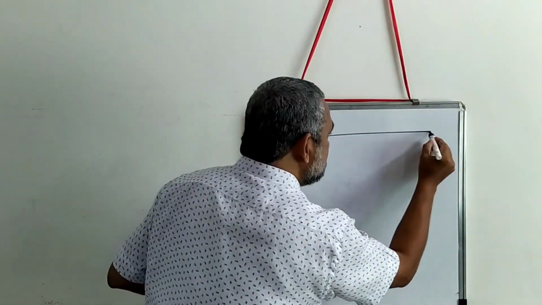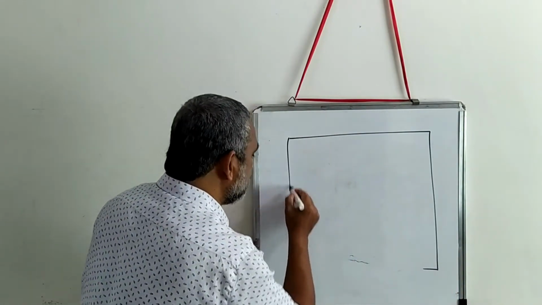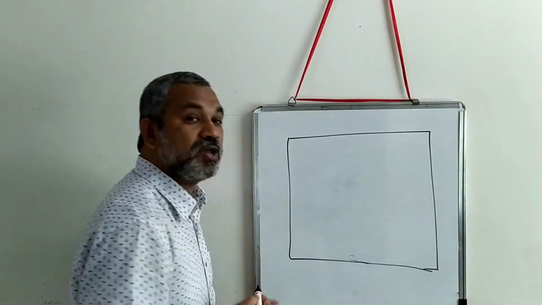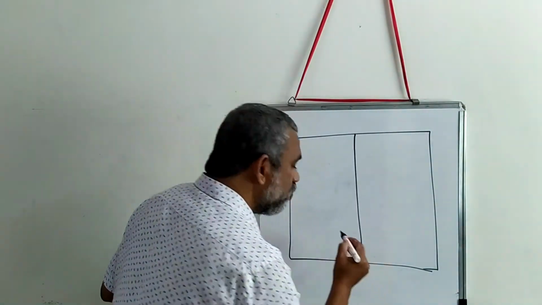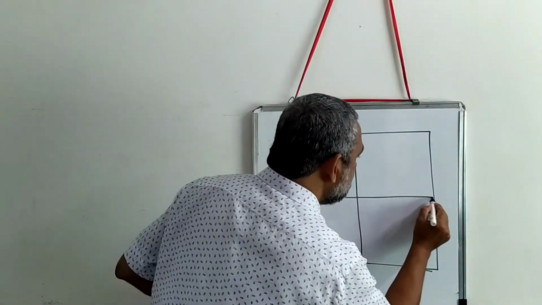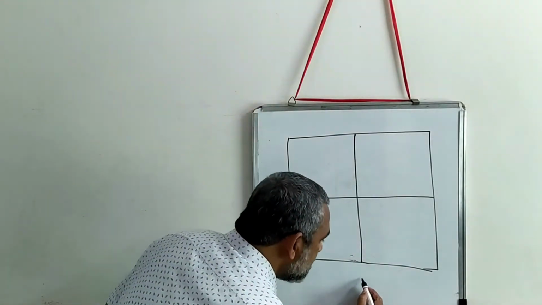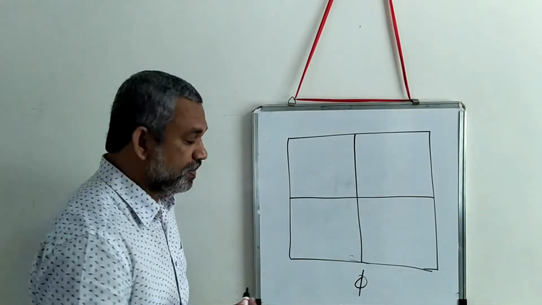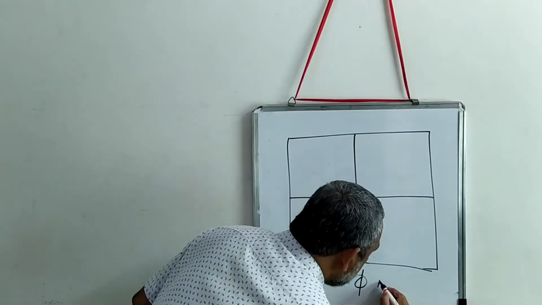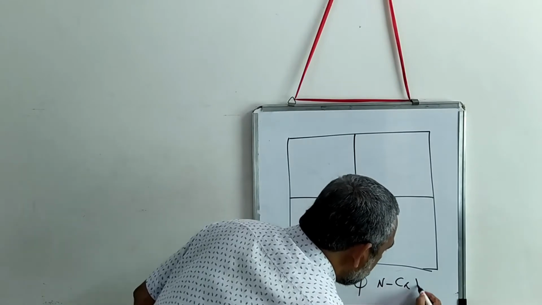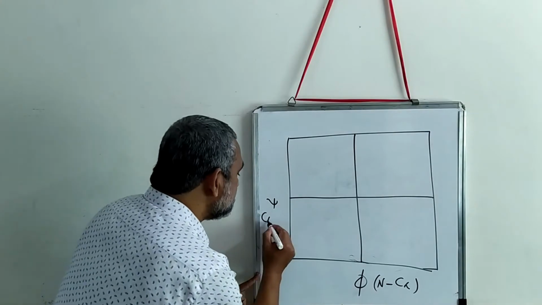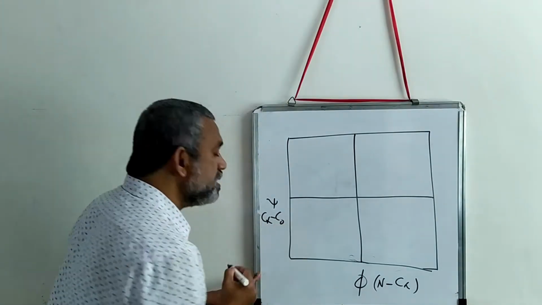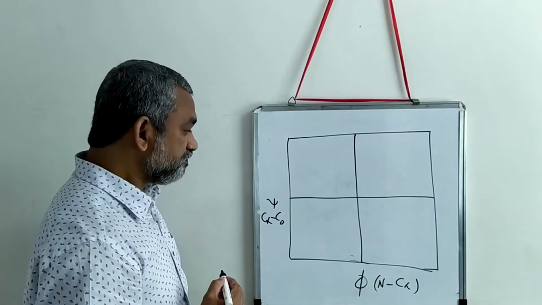Consider this the plane of a paper with two axes, the x-axis and the y-axis. We divide it this way. This is the phi bond, between the N and the C alpha. This is the psi bond, between the C alpha and the carbonyl carbon.